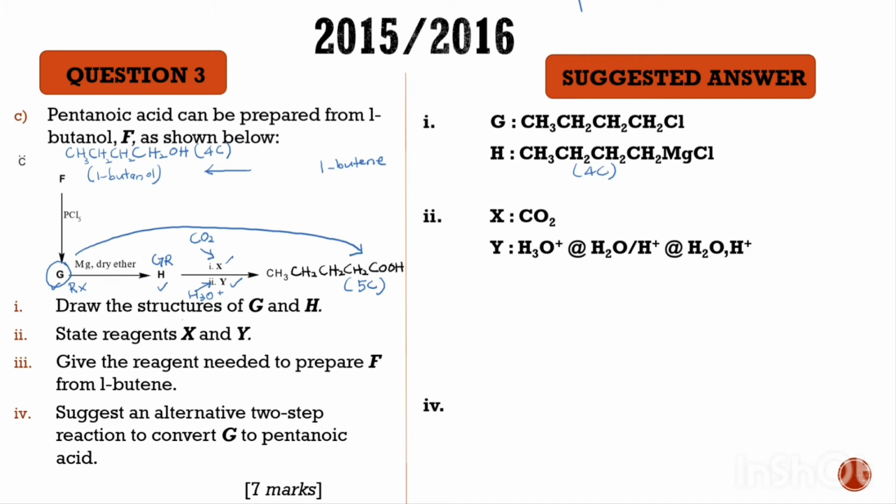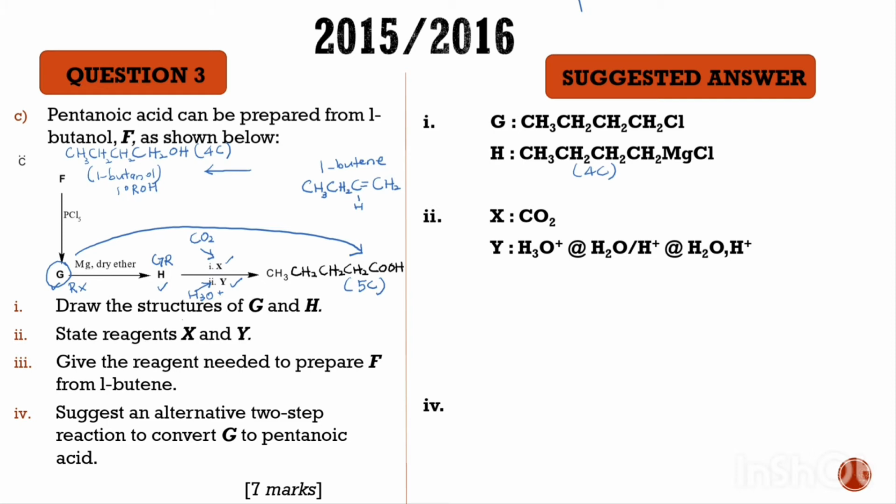Okay, next question. Give the reagent needed to prepare F from 1-butene. Okay, we want to produce 1-butanol. So 1-butanol is a primary alcohol. So we have to draw the structure of 1-butene. So we have an alkene with 4 carbon atoms. Okay, so if we look at alkene to alcohol, actually we have a direct reaction. Okay, direct from alkene to alcohol, which is hydration.